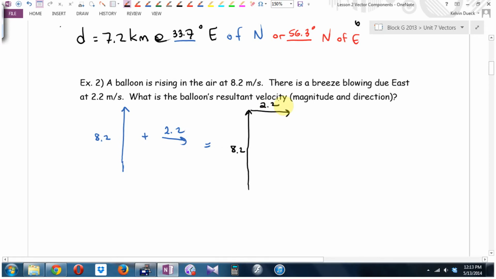Good, solve this on your own. Now, the direction is going to be a bit tricky. Find the magnitude, find the theta, and then we'll say how we would describe this.